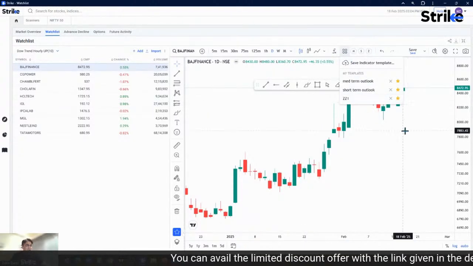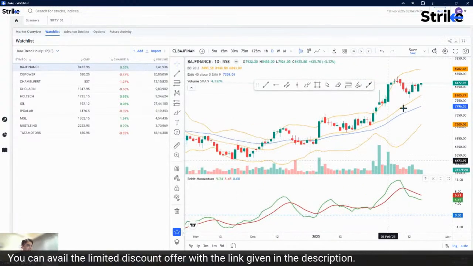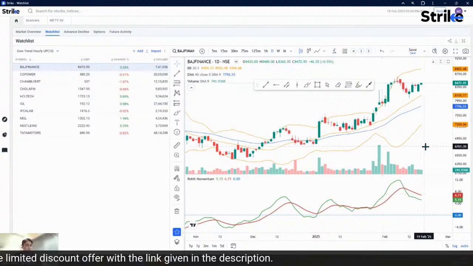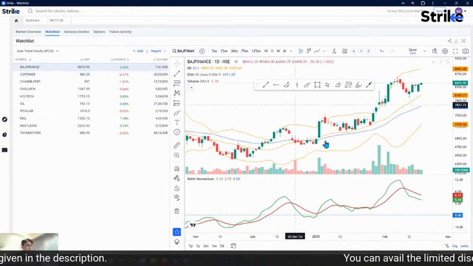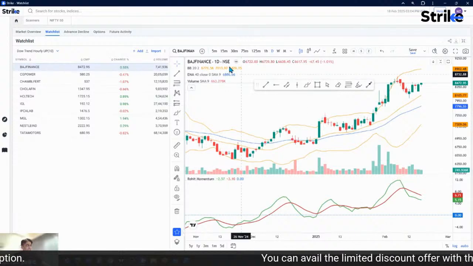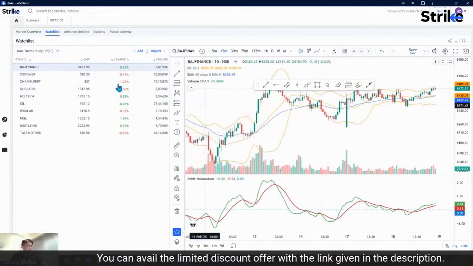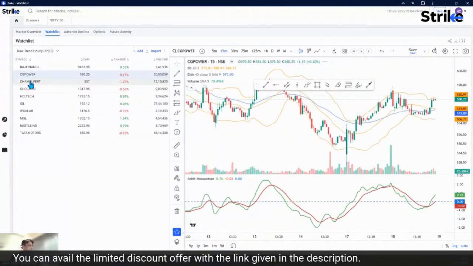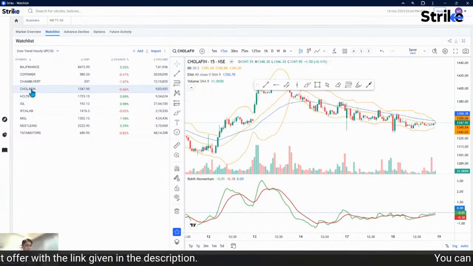Once you mark them favorite, you can just click on that, and with one click the indicator template gets loaded over here. Now one by one, you can also watch these stocks' RMI on a 5-minute chart or even a 15-minute chart, and just click and try to understand what is happening.